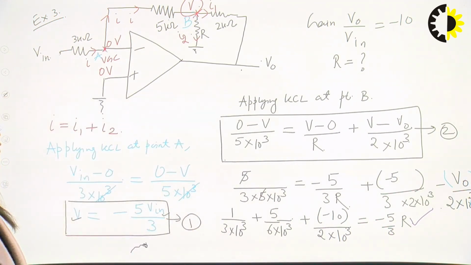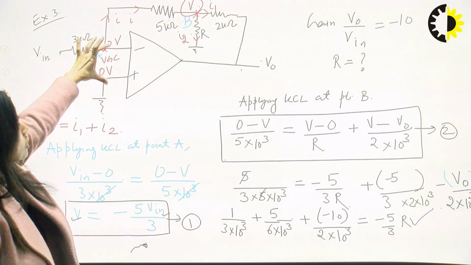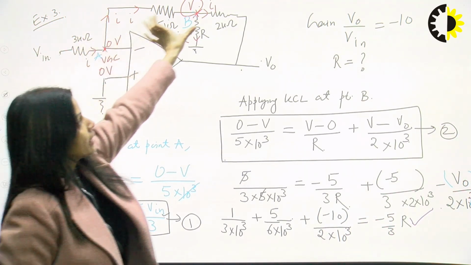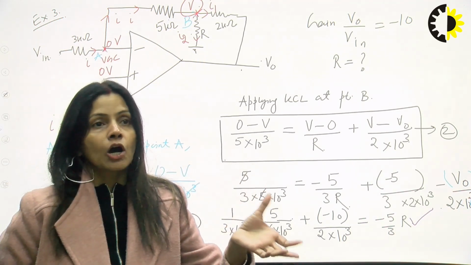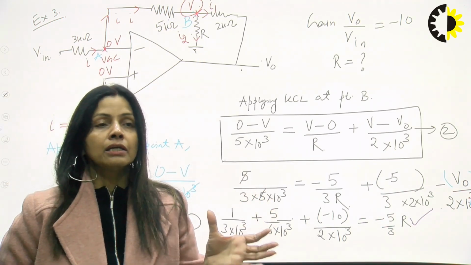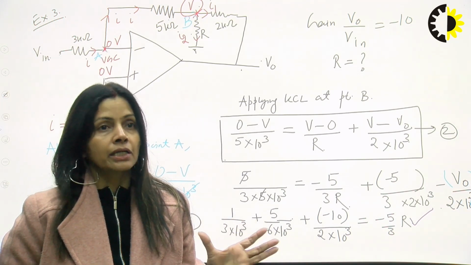So by simply applying the concept of virtual ground and KCL at different nodes, we can go for the output result, and any output can be found out for the Opamp circuit.